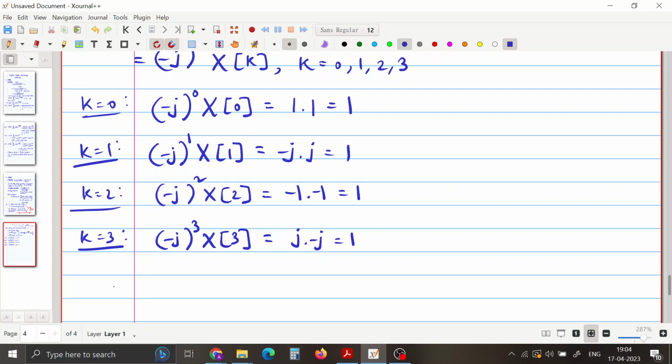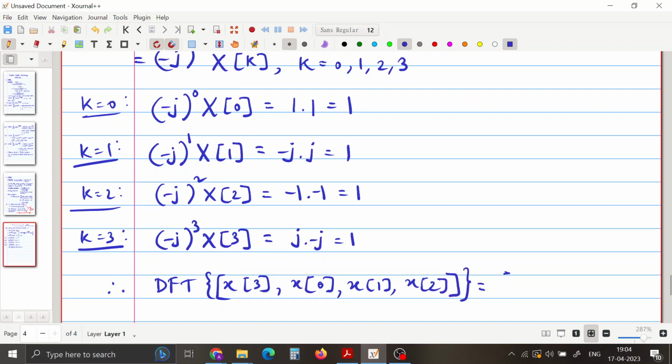Alright, so overall the DFT of the sequence given in our question is: all the 4 coefficients are 1. So this is our answer for part A.